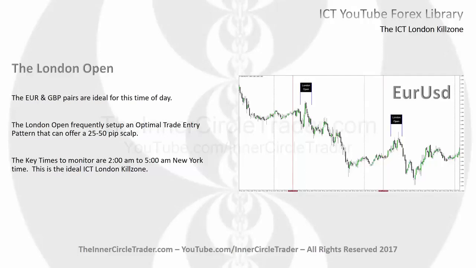But the ideal ICT London kill zone for your learning is going to be 2 a.m. to 5 a.m., and it's relative to New York time. Now, if you look at this chart here, this is a euro dollar chart, and what I'm highlighting here is two specific trading days. I want you to take a look at the deep red vertical line.